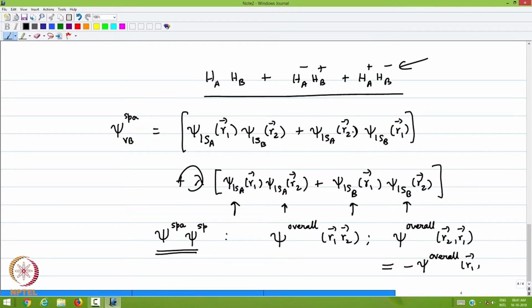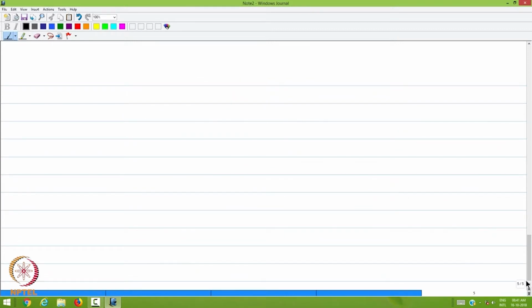And that is possible if you take the spin wave function to be the antisymmetric part, 1 by root 2 (alpha 1 beta 2 minus beta 1 alpha 2). Therefore, this changes sign when the spin coordinates of 1 and 2 are interchanged, as well as the spatial coordinates of the 2 electrons interchanged.